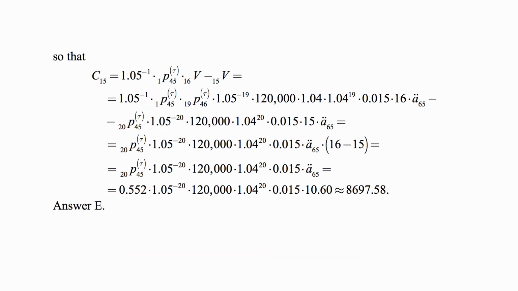So if we just plug it into the formula for C15, what you see is that basically we end up with this 20p 45 tau times 1.05 to the negative 20th times the current salary accumulated over 20 years times 0.015 times A.65 times the difference between 16 and 15, which is 1.